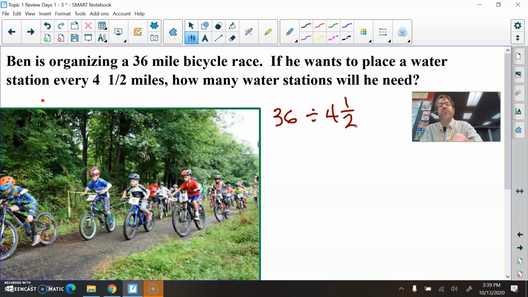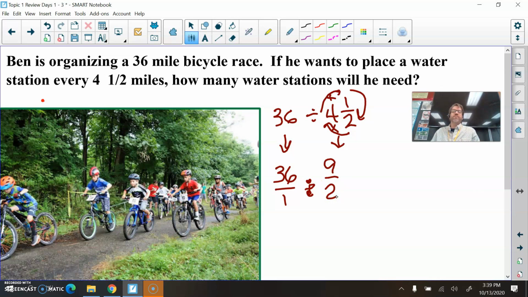Okay, so first of all, we need to rewrite these as improper fractions. 36, well, that's just 36 over 1 divided by, well, that looks like plus, divided by, go around the horn here. 2 times 4 is 8. 8 plus 1 is 9. Put that over 2. All right. It still is a division problem. All I did was rewrite these both as improper fractions.